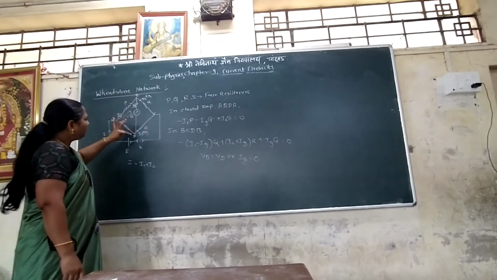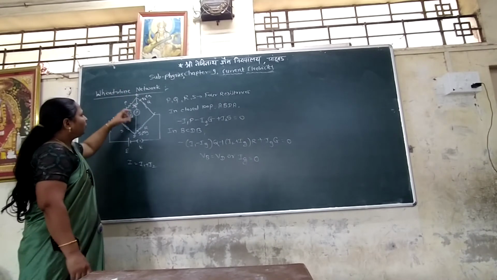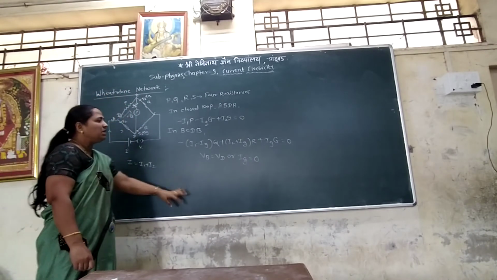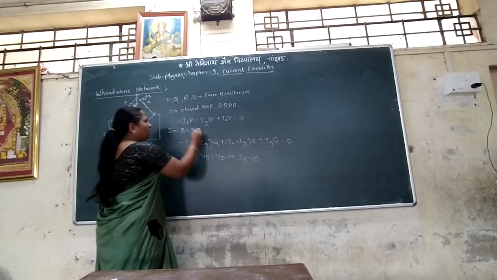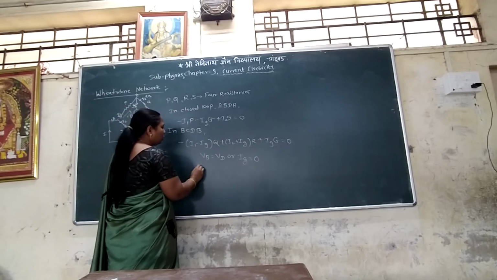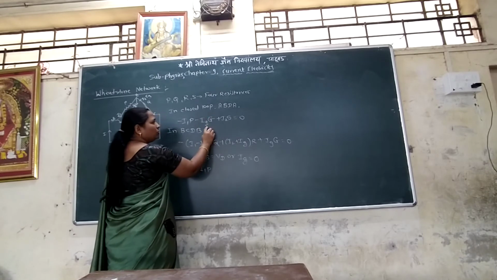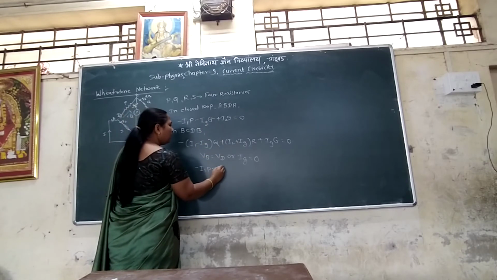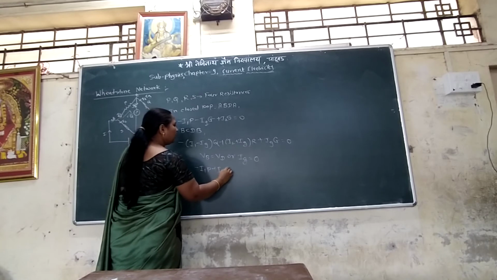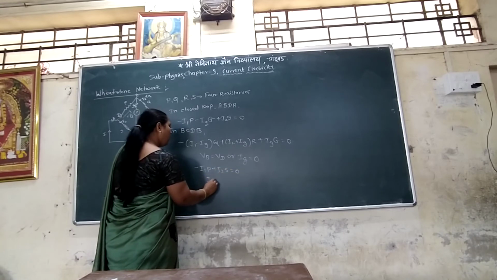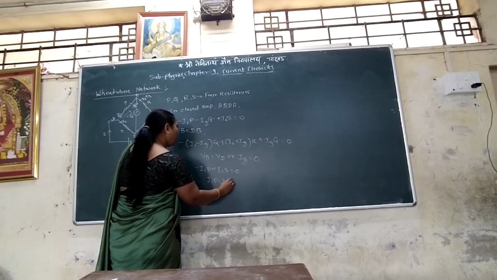There is no potential difference, therefore no current flows through the galvanometer. Considering this condition, minus I1P plus I2S is equal to 0. Therefore, I1P is equal to I2S.